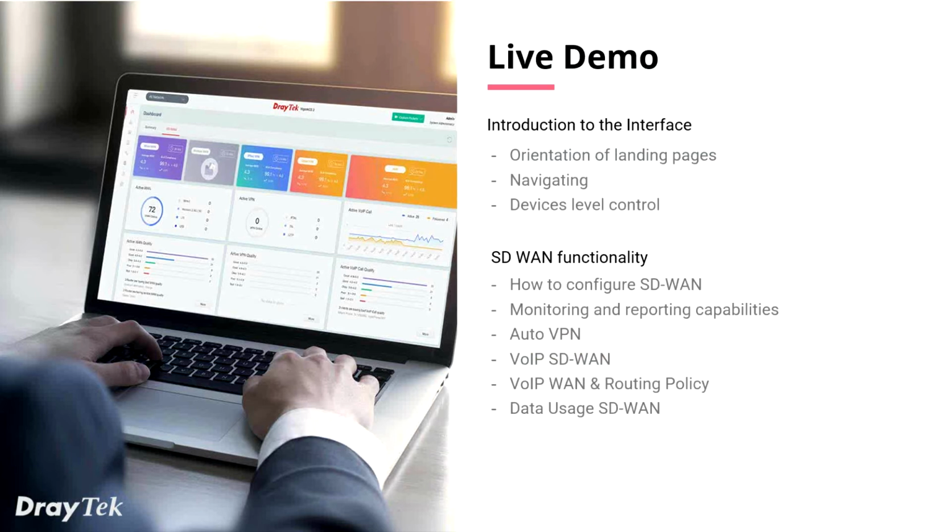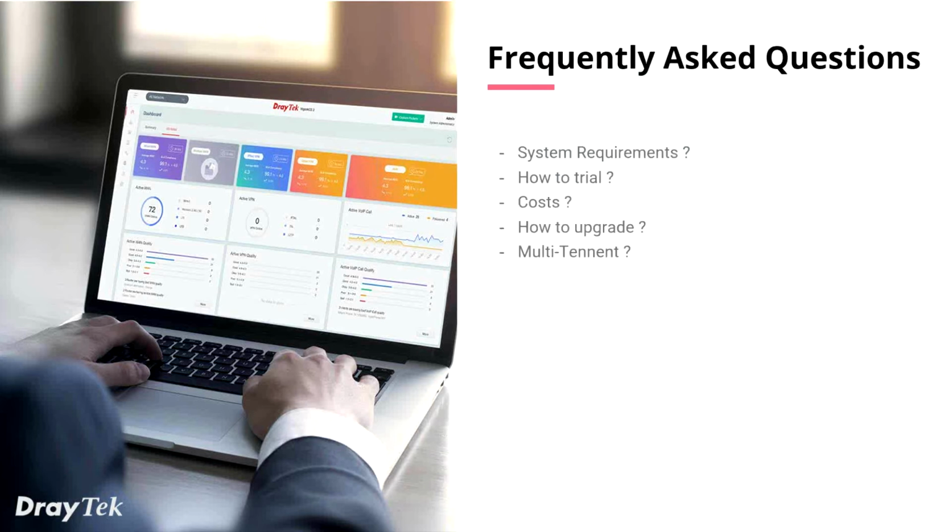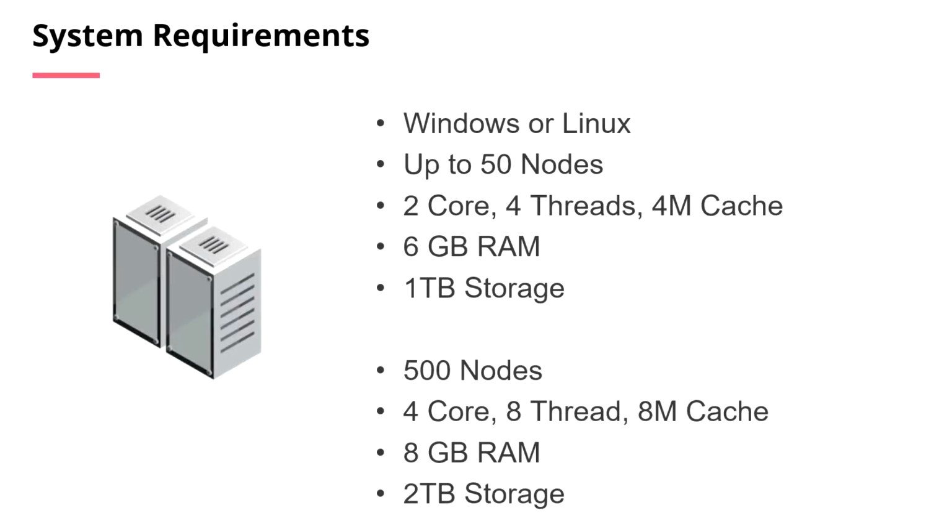Yes, right. So we wanted to just cover some frequently asked questions that commonly come up, and then we'll go to answer some of the questions you've asked during the webinar session. So one of the most common questions is what are the system requirements?